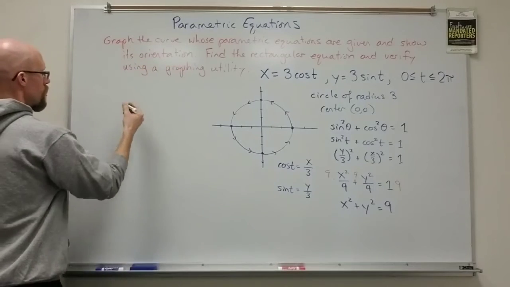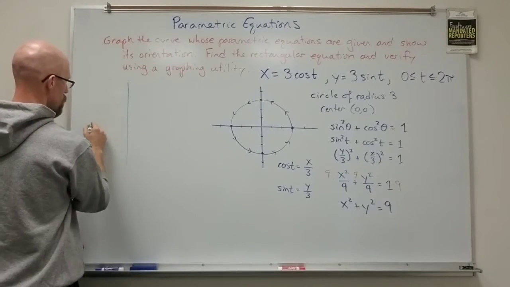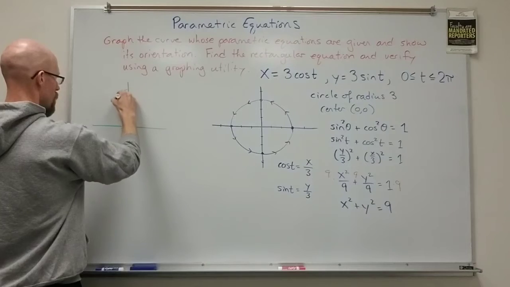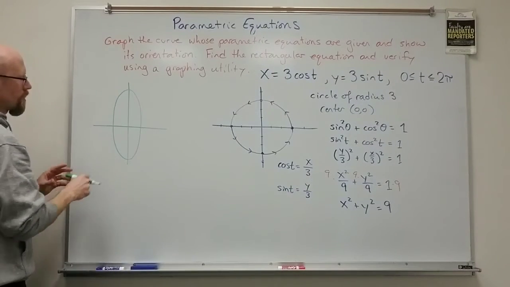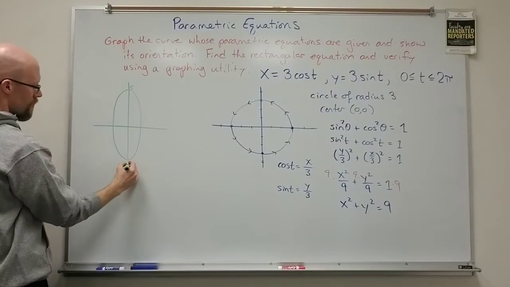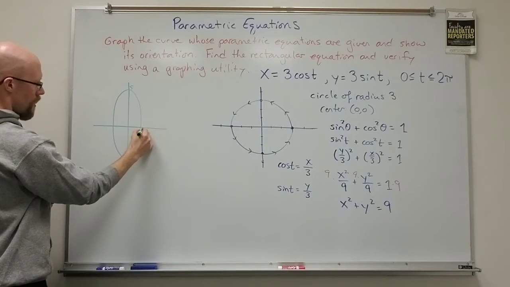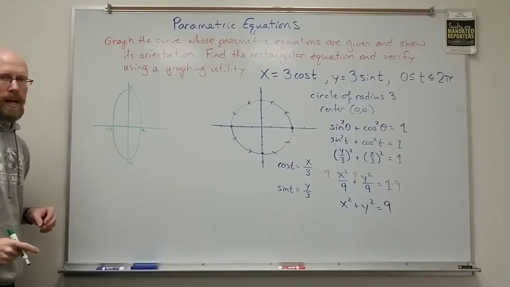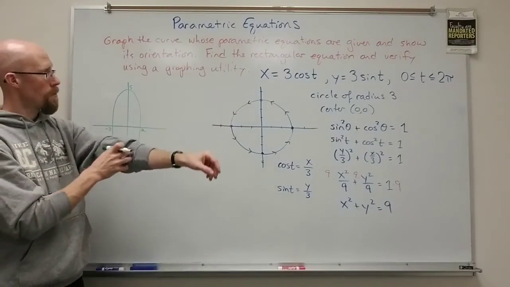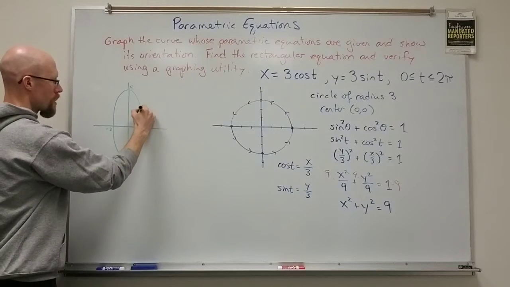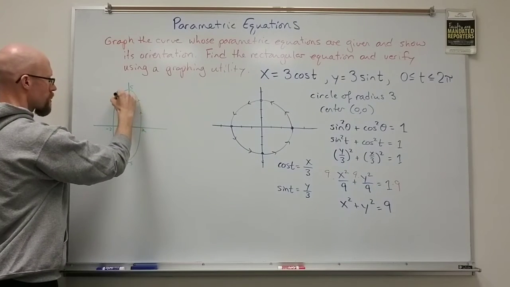So in other words, if I wanted to plot, let's say, an ellipse that was oriented vertically here, and let's say this went from 5 to -5 in the y direction and 2 to -2 in the x direction, then I could represent that using parametric equations. Of course, the orientation has to be correct.